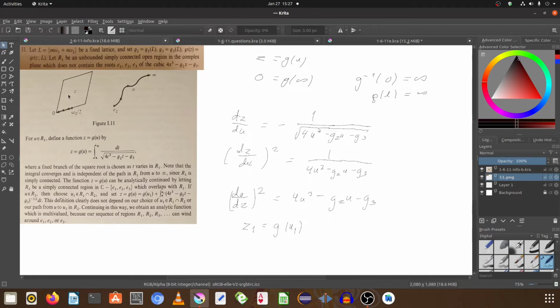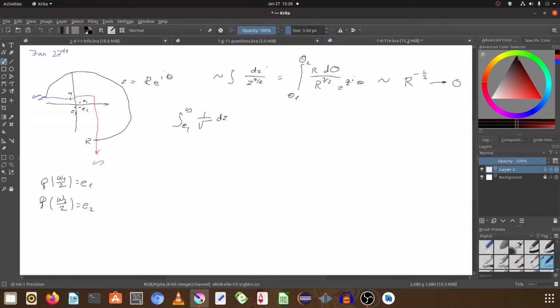A restriction to where there's no repeated values. So that means that instead of getting omega 1/2, we can get any value in the lattice corresponding to that point. And the same with E2 to infinity.